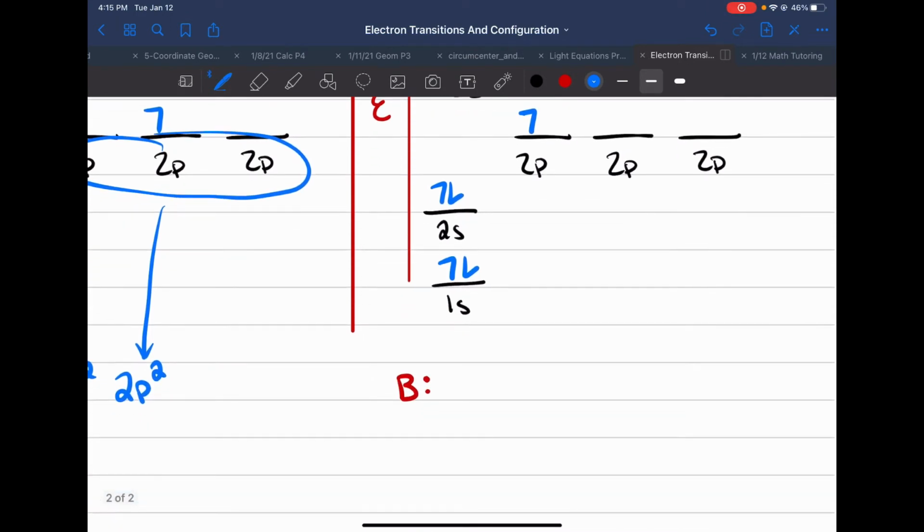So how would this translate to boron? Again, we have electrons in the 1s, we have electrons in the 2s, we have electrons in the 2p. We have 2 electrons in the 1s, 2 electrons in the 2s and only 1 electron in the 2p orbital.